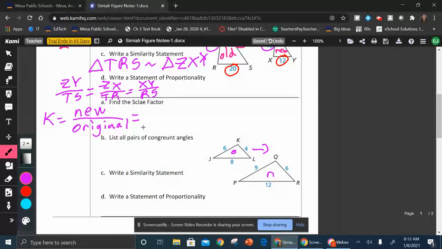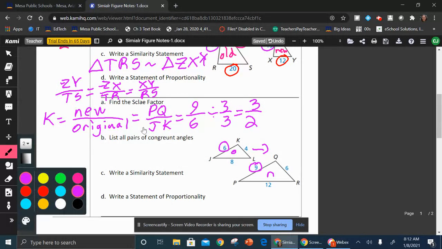Let's say that we pick PQ and JK. Nine over 6, we can divide both of those by 3. So it simplifies to 3/2, everybody. So yes, you always do want to simplify it.